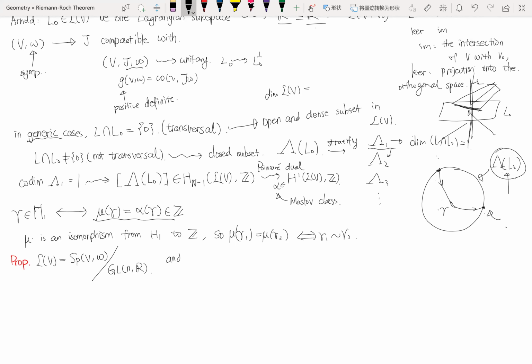And the space of all totally real subbundles of V with complex structure J is the space of all GL of V with complex structure J, quotient by GLNR.